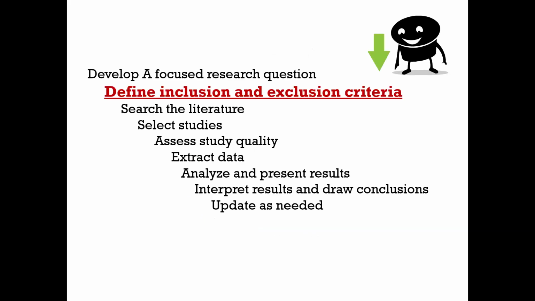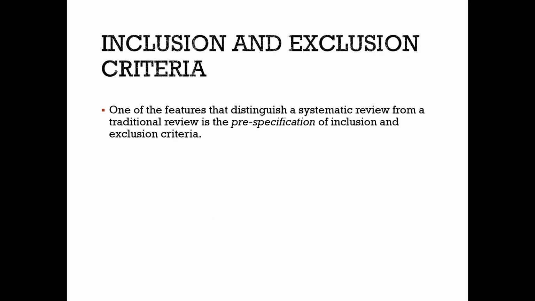Yes, ma'am. Next, defining inclusion and exclusion criteria. Because it is very systematic, you will understand why the framework is important. Later, when I come to searching the literature, you will understand exactly why defining the research question is important. So inclusion and exclusion criteria.